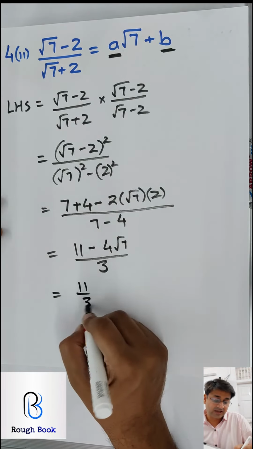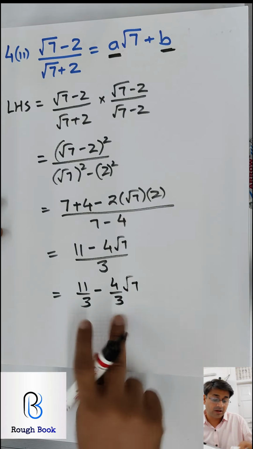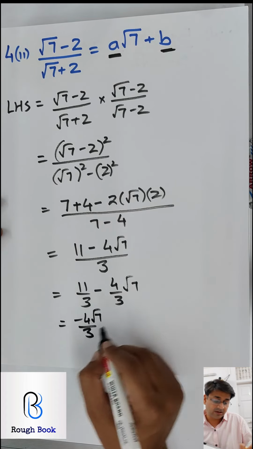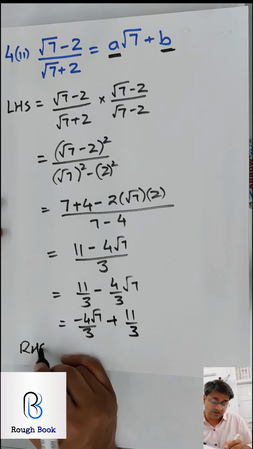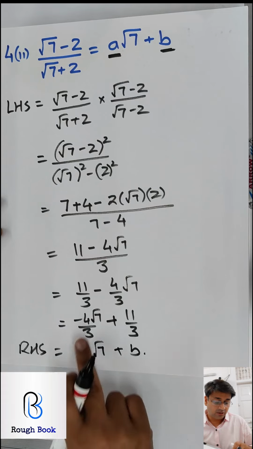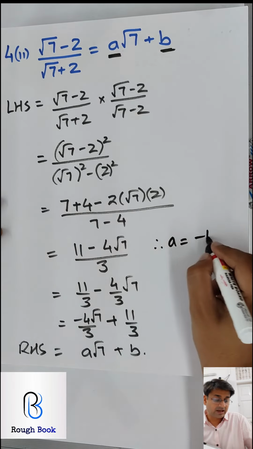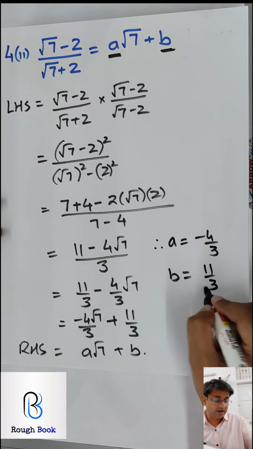So let's split this, 11 by 3 and 4 by 3. So we are splitting the denominator and writing this first, minus 4 root 7 by 3 and then plus 11 by 3. Why did we do that? Because in the RHS you have a root 7 plus b. So now we can compare and quickly say that the value of a is negative 4 by 3 and the value of b is 11 by 3.